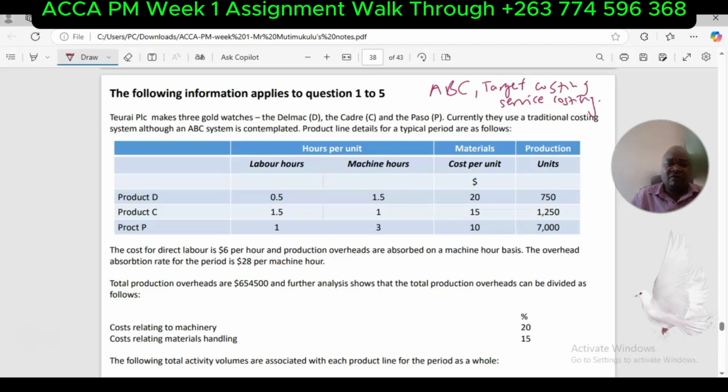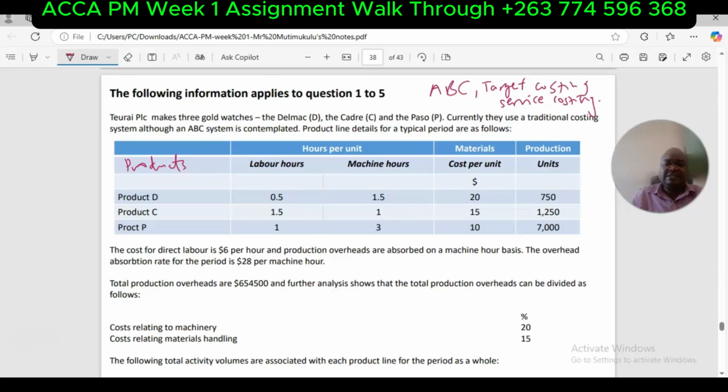So the first column of the table talks of the products. All right, because we are told that this company is producing 3 products. So these are the products. That's the product column. Then we have the hours per unit information.